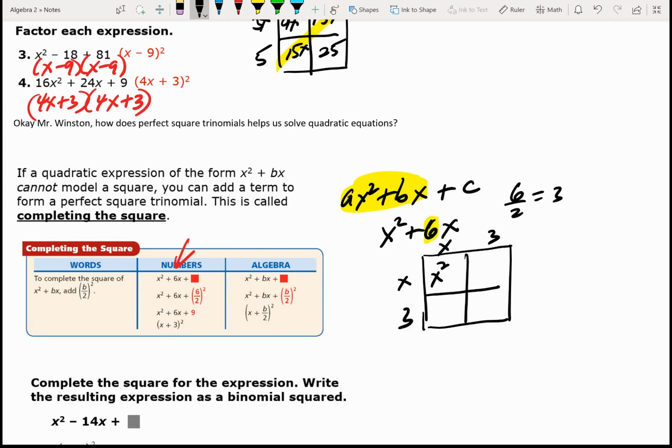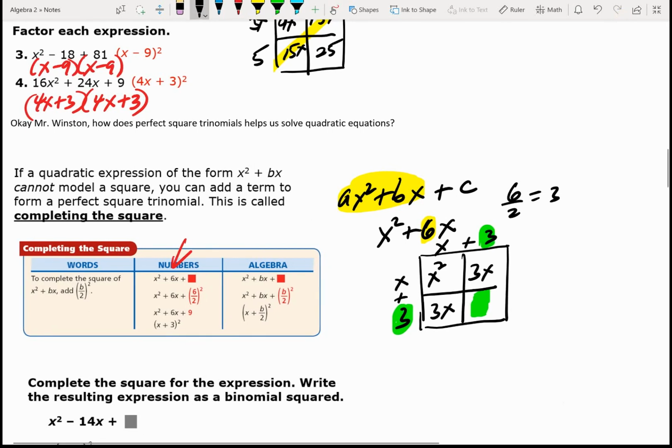Now notice here we have a perfect square because the sides are the same, x plus 3 and x plus 3. But now x times 3 is 3x, and 3 times x is 3x. When we complete the square, we take 3 times 3 and we get 9. So that's what this property is telling us.